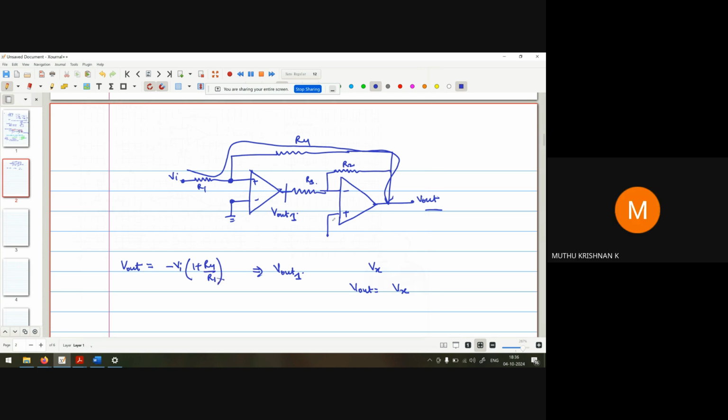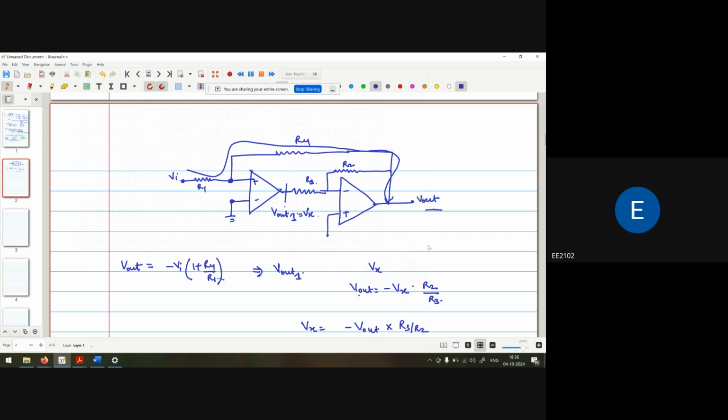What is the relation between Vx and Vout? Vx and Vout1 are the same. So the relation is Vout is equal to minus Vx into R2 by R3. So the value of Vx is minus Vout into R3 upon R2.